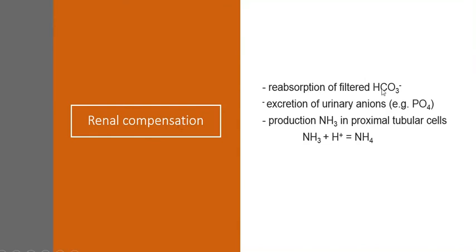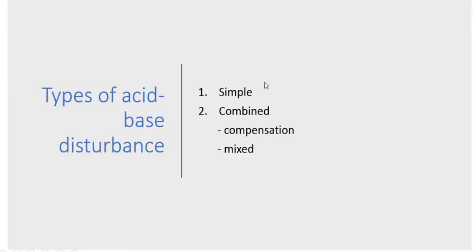Remember bicarbonate. Bicarbonate is the main metabolite that is involved in renal compensation of acid base. Phosphate and ammonia are also important, but remember bicarbonate. So the kidneys try to change reabsorption of bicarbonate when pH changes. Depending on the pH, the kidneys can either increase or decrease reabsorption of bicarbonate.